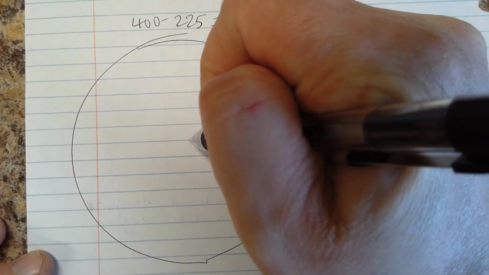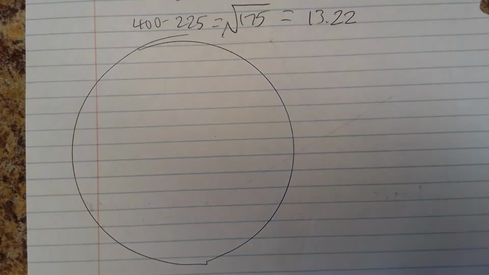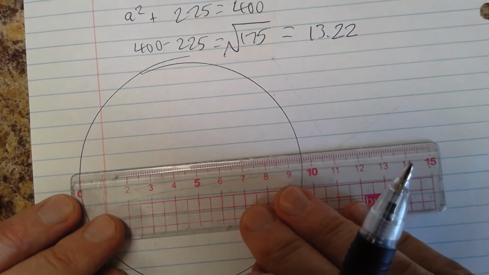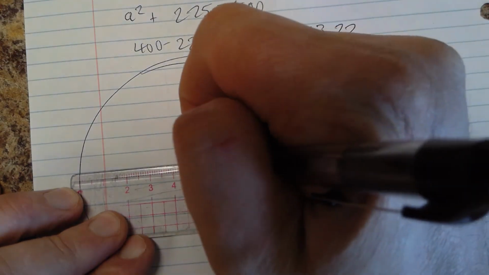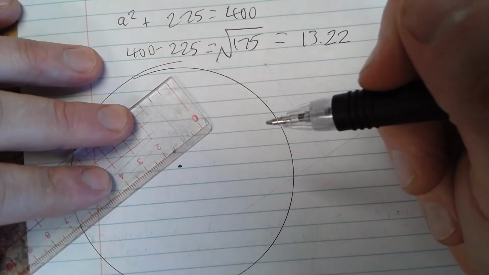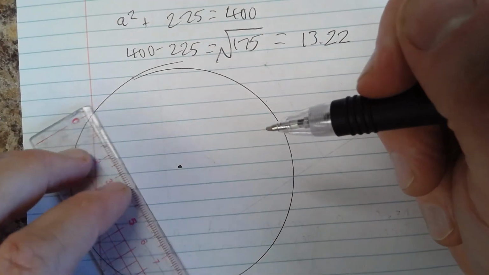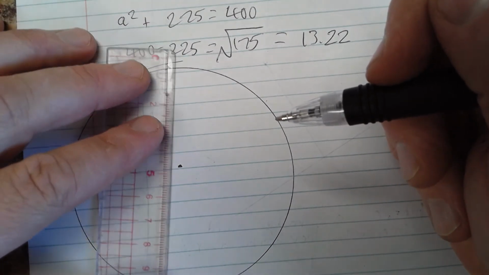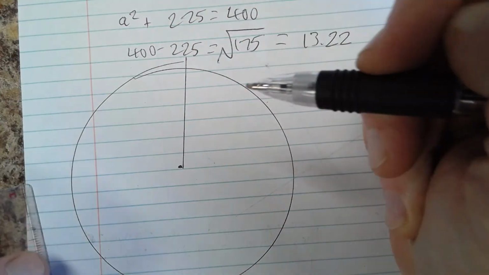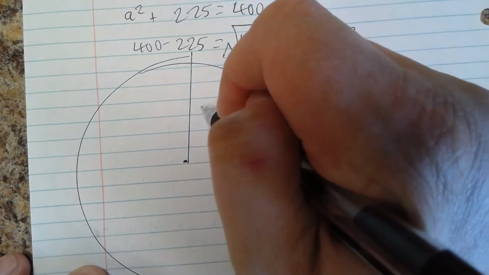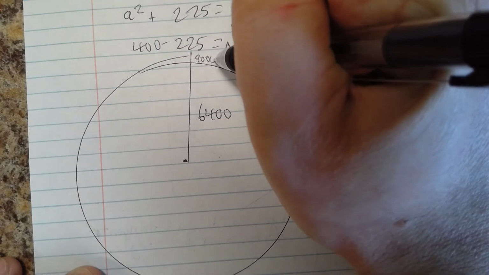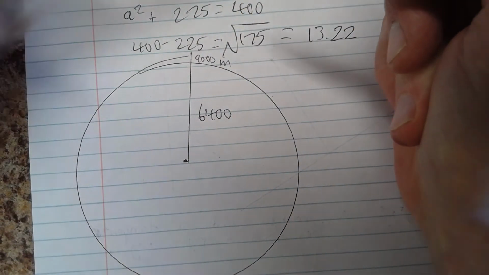Find the middle again. It's the same circle as before, so I think I can make a little less fuss and just say, here's the middle. And here we have 6,400 kilometers, and here we have 9,000 meters.